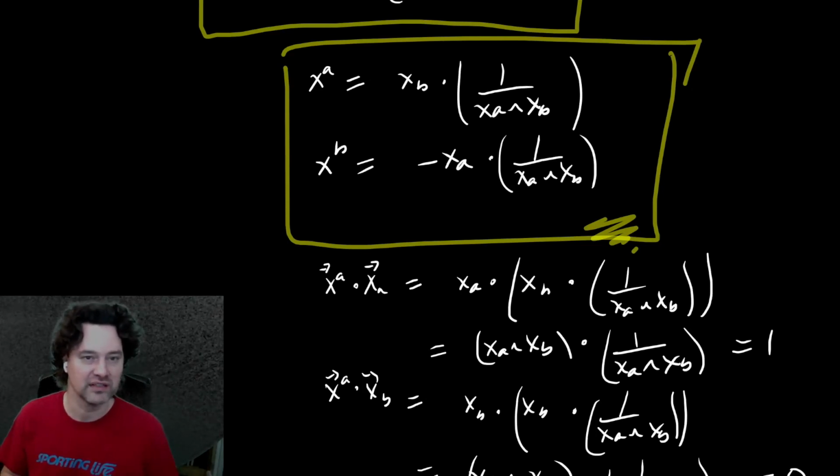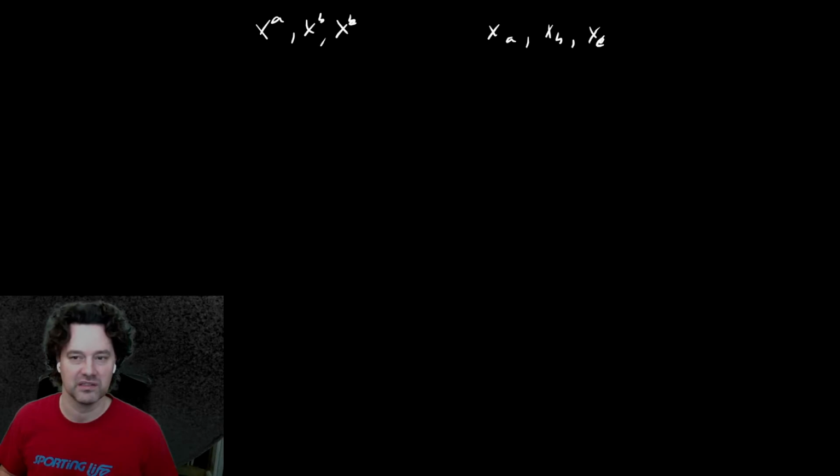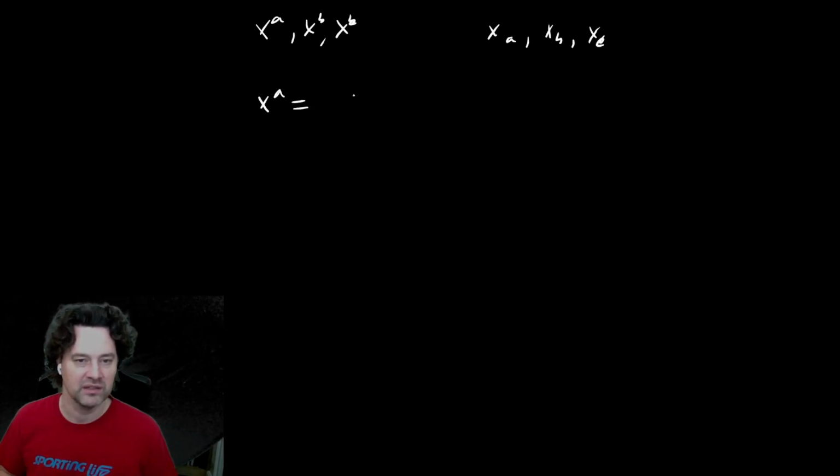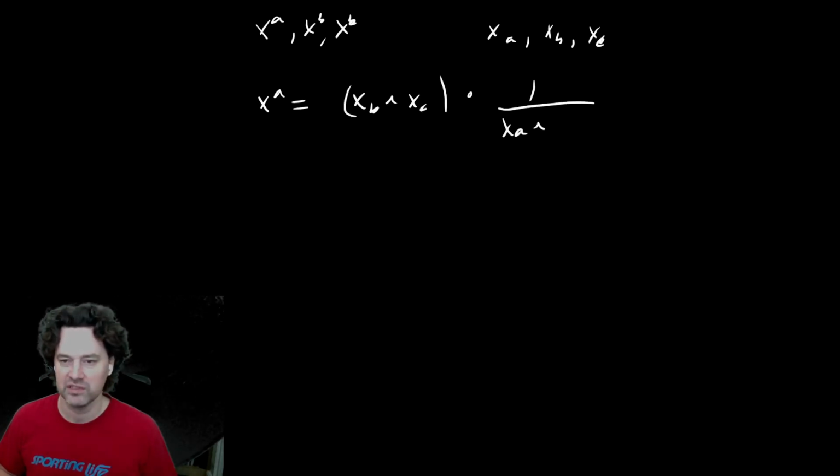And let's show that. So let's say we seek 3 vectors, xa, xb, xc, where we have 3 givens, xa, xb, xc. And so xa will have to be xb wedged with xc dotted with 1 over xa wedged xb wedged xc.